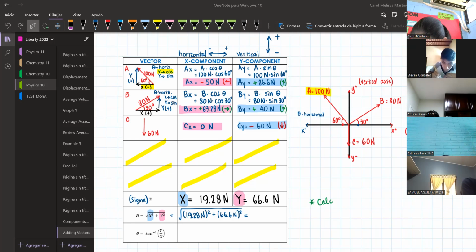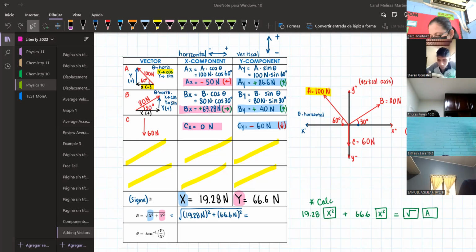In your calculator, you're going to do this: 19.28, press the key x to the second, plus 16.6, and press the key x to the second. Then you will press equal, then the key for the square root, then the key of your answer, and then equal. How much did you get here?